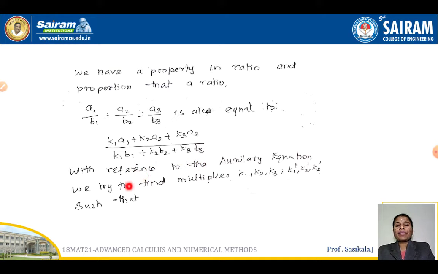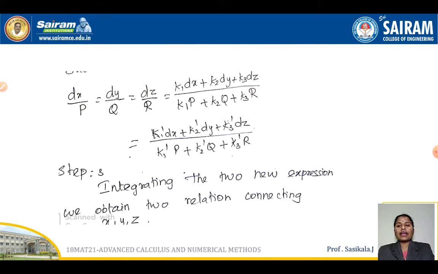With reference to the auxiliary equation, we try to find the multipliers. K1, K2, K3 and K1 dash, K2 dash, K3 dash are the multipliers we can take out. So we can find the multipliers from the auxiliary equations.